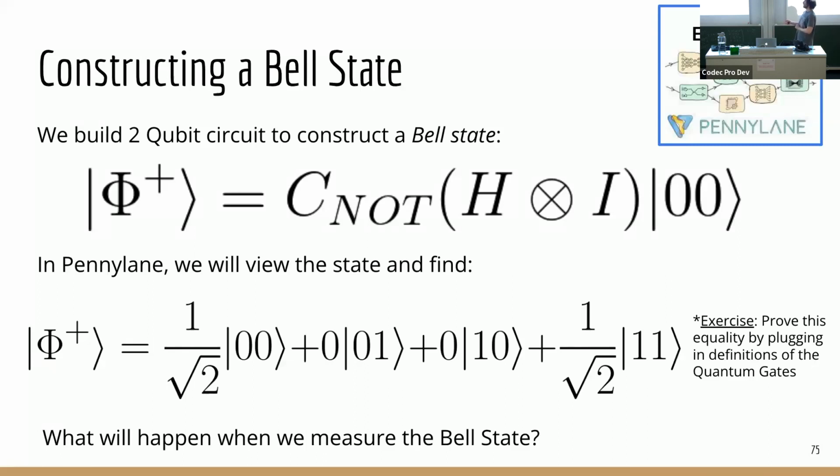I leave it as an exercise to you to prove that this expression in the top equation evaluates to this expression in the bottom equation. And I also want to ask a question of you: what do you expect us to observe when we measure the Bell state?